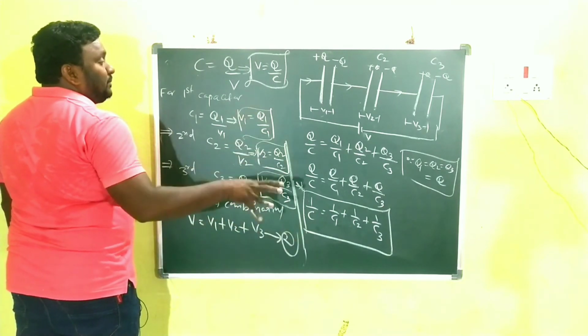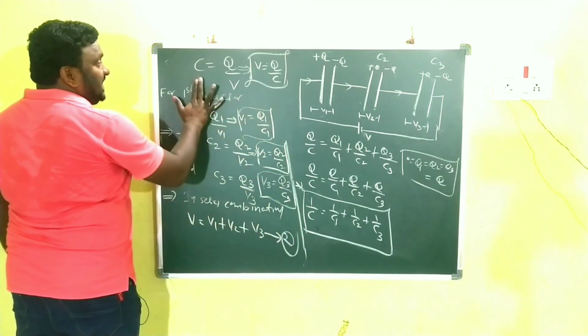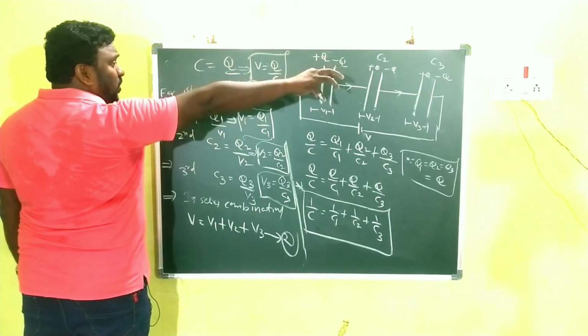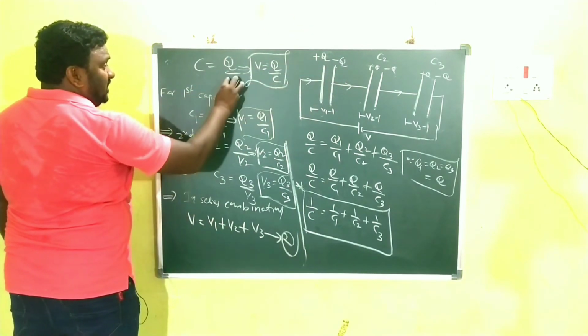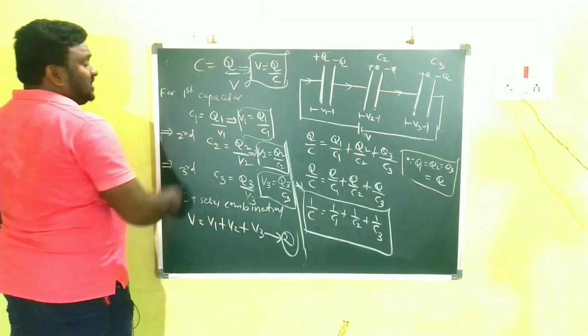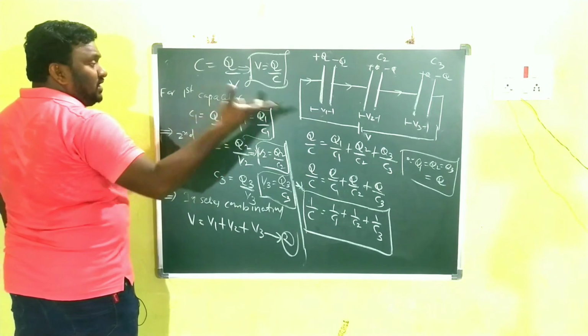Now according to the capacitance definition, C is equal to Q by V. Q is the net amount of charge we supply to the capacitors, V is the applied potential, which should be taken as the equivalent potential, and C is the equivalent capacitance.